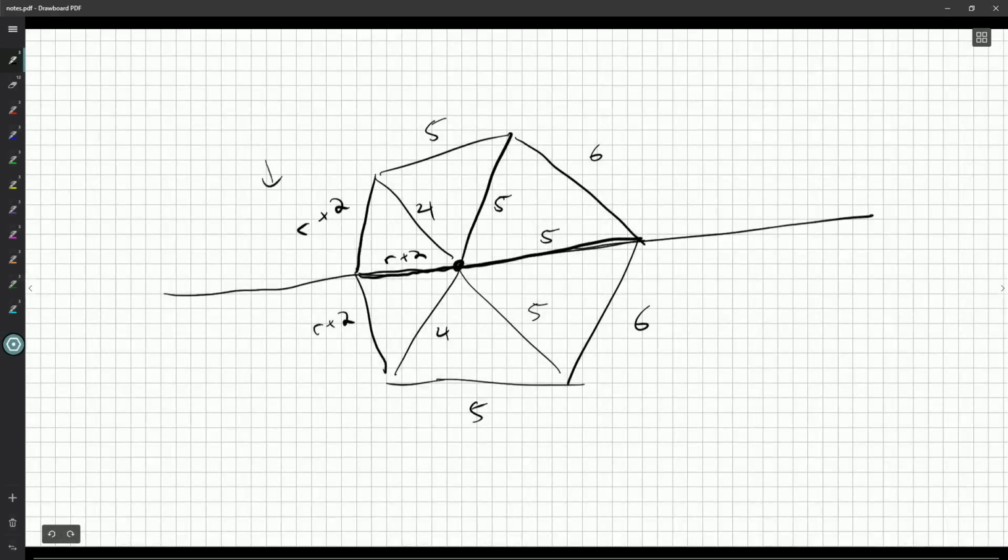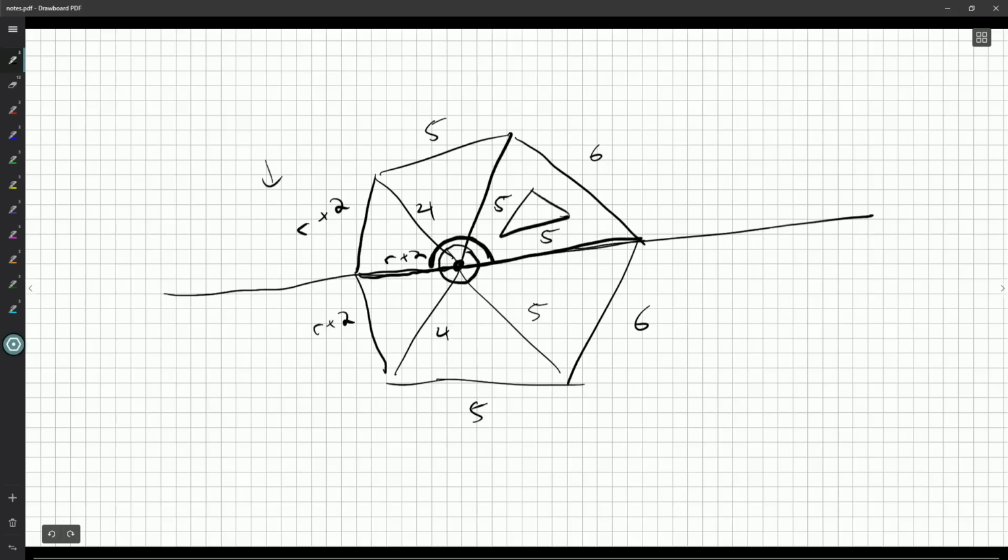But other than that, look at these triangles. They're all isosceles, which is kind of nifty. And we know around this center should be 360 degrees, so around this half, this line, should be 180 degrees.